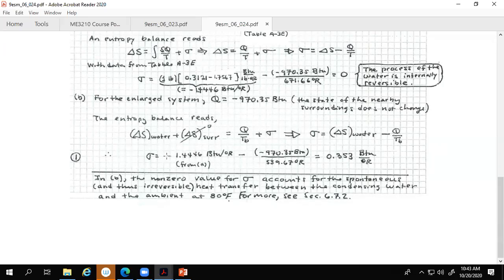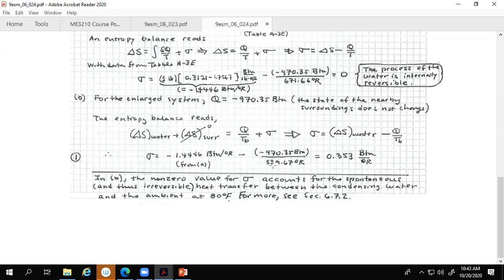When you run these numbers, for delta S for the water we get a negative 1.4446, and the minus is because it's lost.